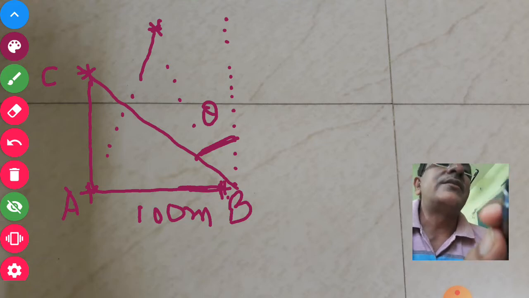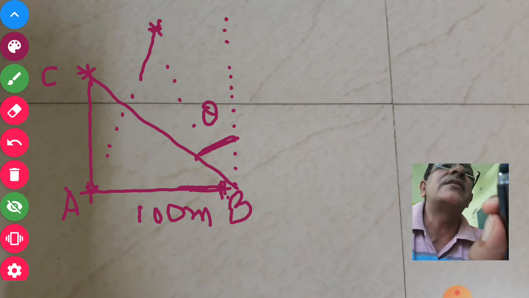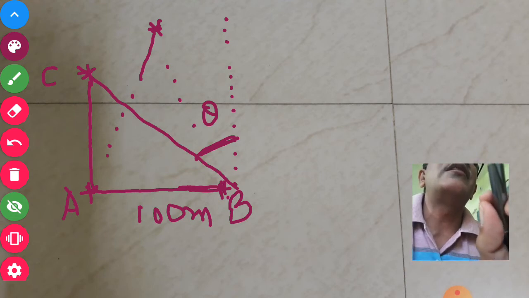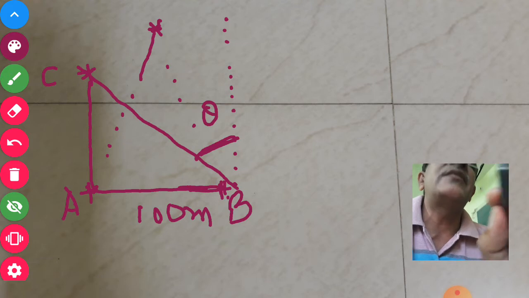This is given to you, but he finds the line of sight of C shifted from the original line of sight by an angle theta, that is 40 degree. That is given, or theta is nothing but a parallax.